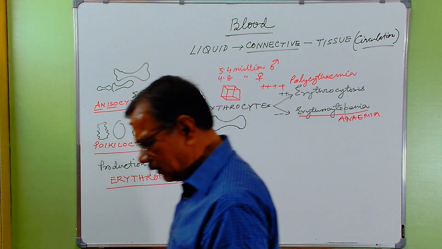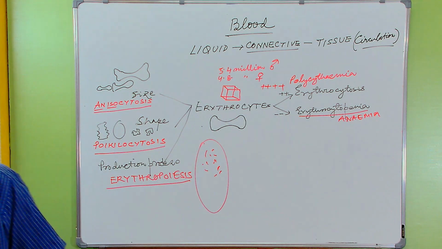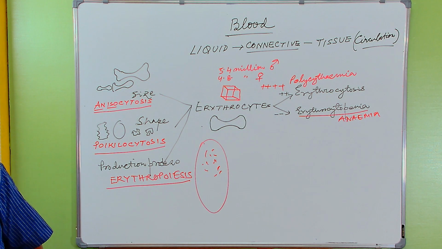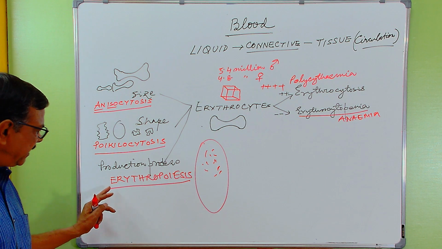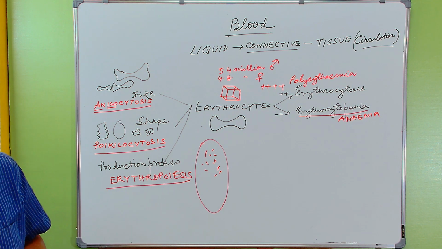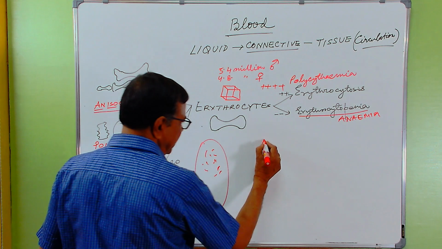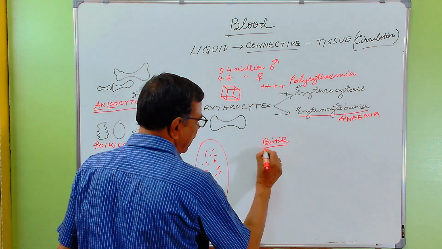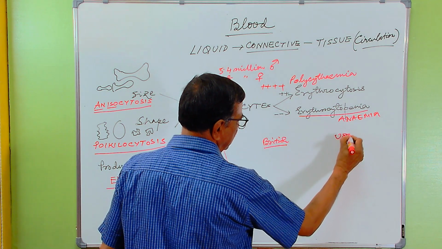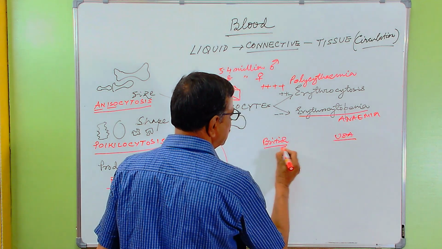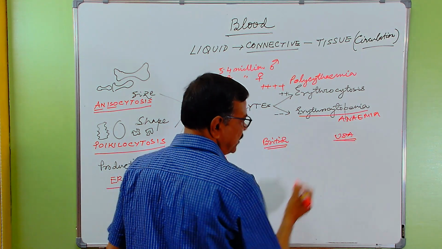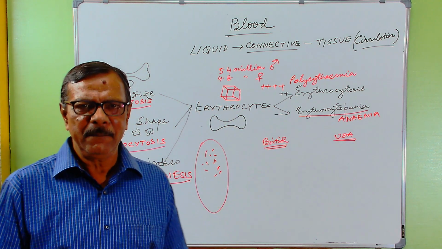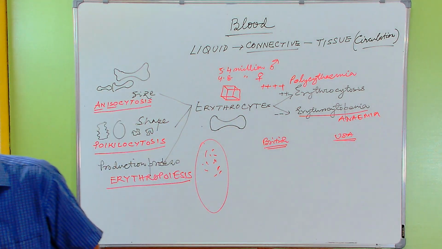Now, how is it formed? There are two theories advanced for this erythropoiesis. One is given by the British, that is Europe, and one by the USA. Two theories they have advanced, almost the same.